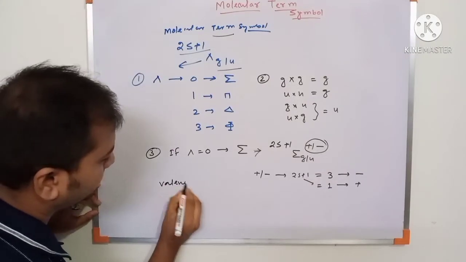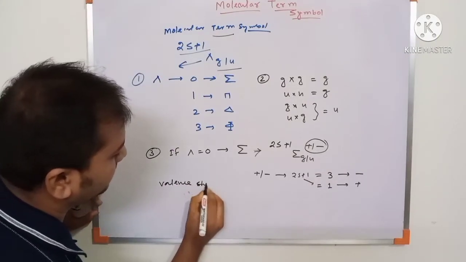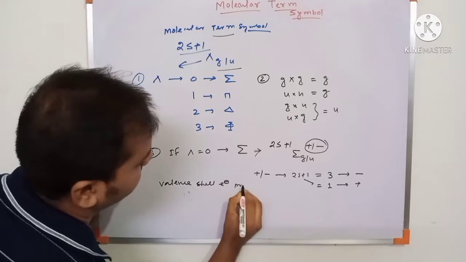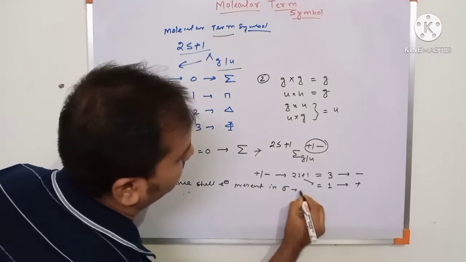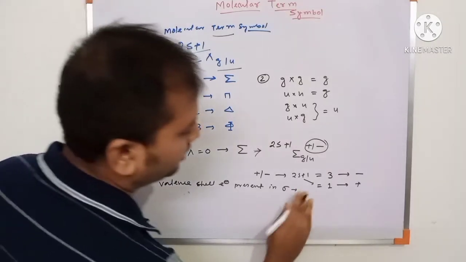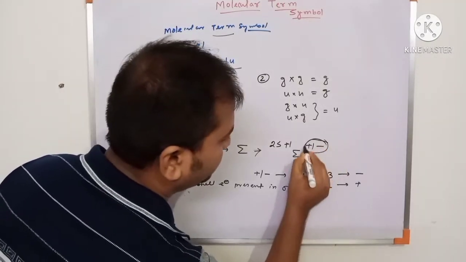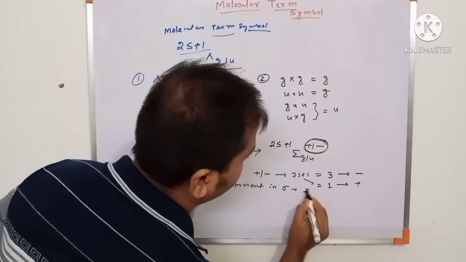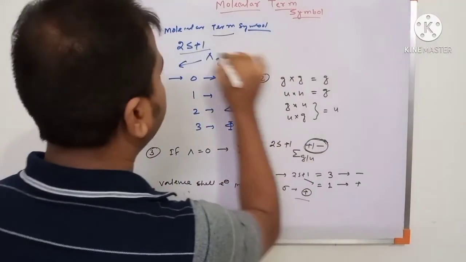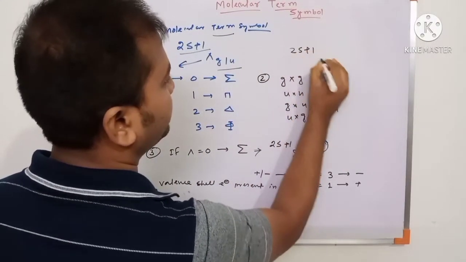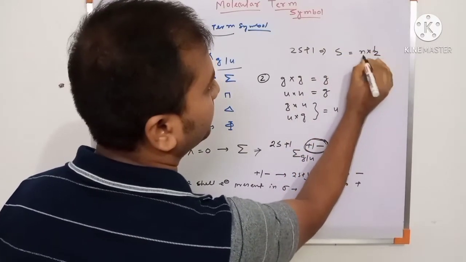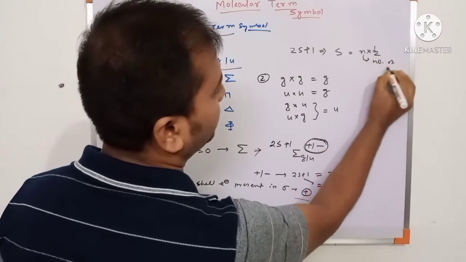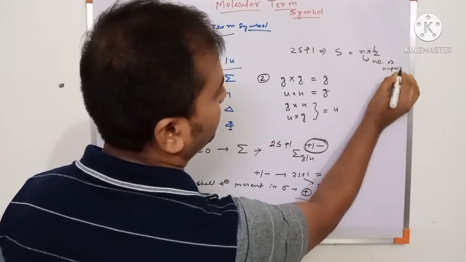If the valence shell electron is present in sigma orbital, sigma bonding or anti-bonding, then this plus or minus value is always positive, always plus. And this 2S plus 1 is the spin multiplicity value, where S equals n into half. We know this n equals the number of unpaired electrons.